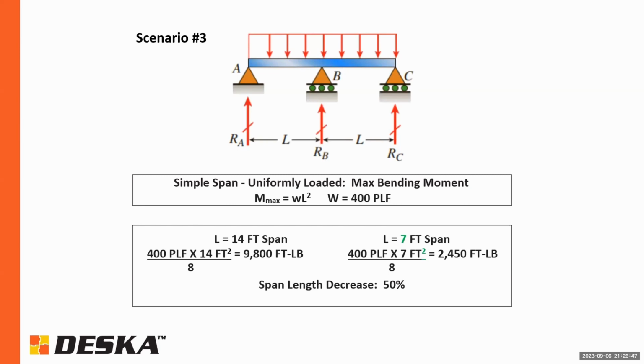So you've decreased the span length by 50%, but you have decreased the bending moment or the bending stresses in that beam by 75%. So when floor joists are sagging or a beam is sagging, oftentimes a very effective way to mitigate that is with intermediate support, assuming the application allows that a support can be installed there.